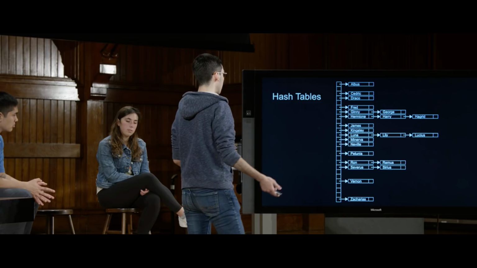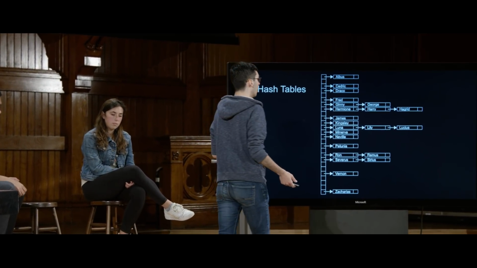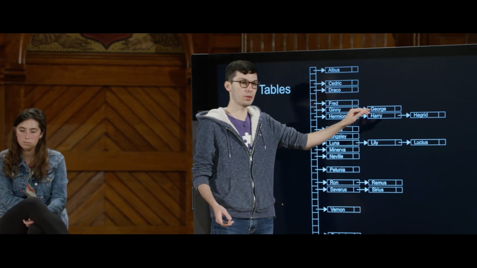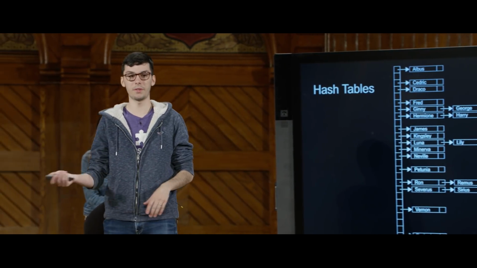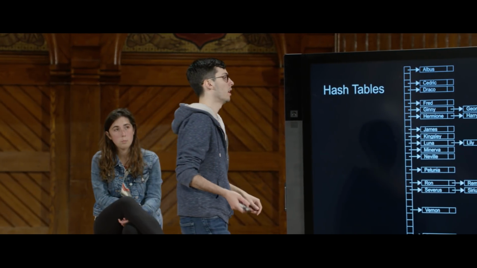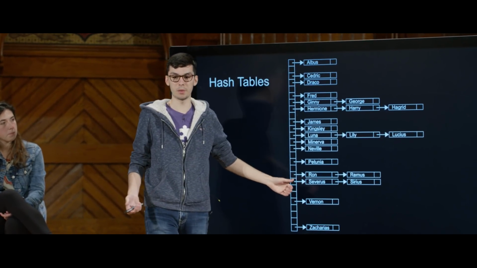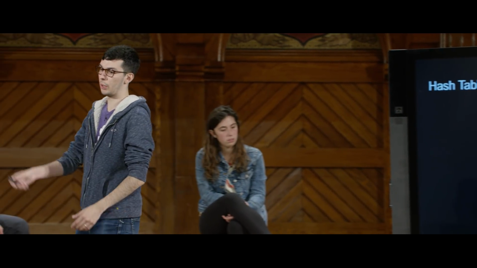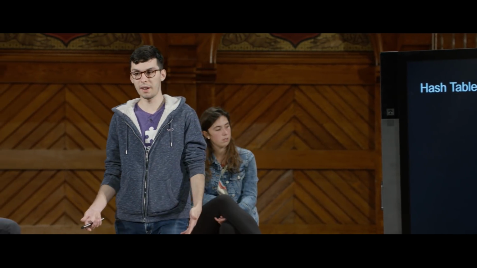If we remember the simplistic hash function we came up with for a dictionary, you look at the first character of a word, and in our alphabet from 0 to 25, ignoring case, it tells you where on an array of size 26 to put a particular word. So Alice might go at index 0, Bob at index 1, and so on, until Zacharias would go at position 25 in the array.